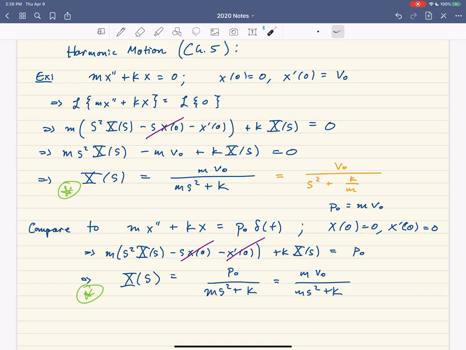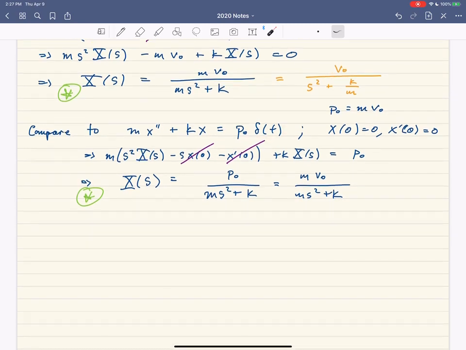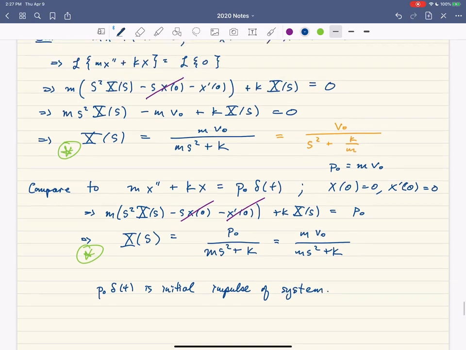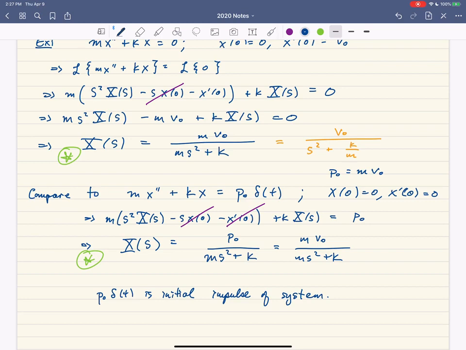So in a certain sense, this P naught times delta of t can be referred to as our initial impulse. This is the initial impulse of the system, meaning that we give it a push right at the beginning. And that's a physical way for this Dirac delta function to be interpreted. This is often how it's used when you're studying a system and you want to talk about this initial push or this initial impulse.